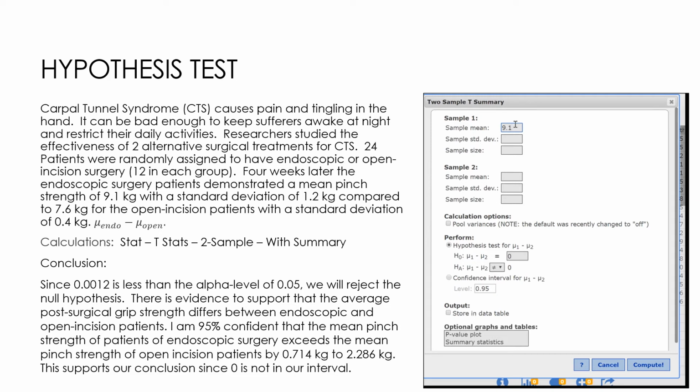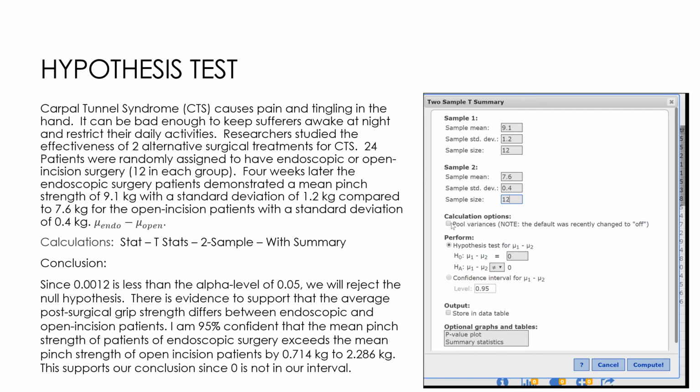So I'm doing 9.1 pinch strength, standard deviation of 1.2, sample size of 12. The second one should be open incision. An open incision had a mean of 7.6, had a standard deviation of 0.4 kilograms, and again 12 because it says 12 in each group. That's how I knew my sample size was 12.